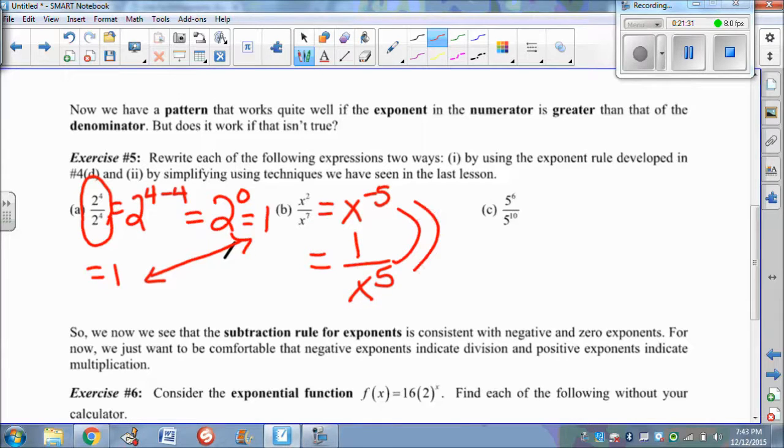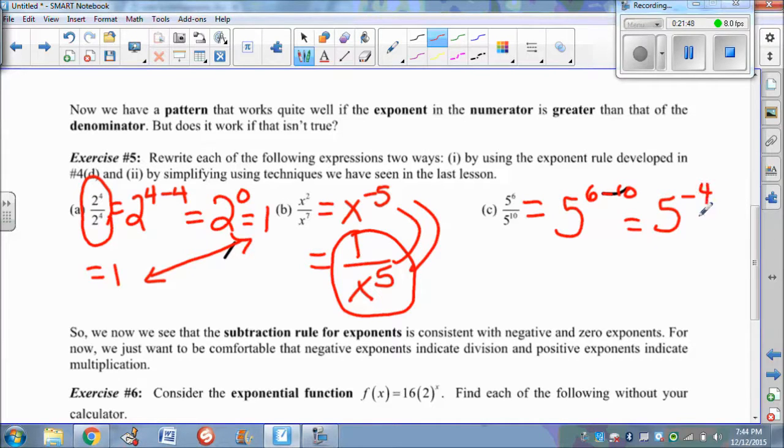So these two are equivalent, one with a negative exponent, one with a positive exponent. The positive exponent is usually the preferred outcome. And this one would be 5 to the 6 minus 10, okay, which is 5 to the negative 4, which with a positive exponent means 1 over 5 to the 4th power. Okay?